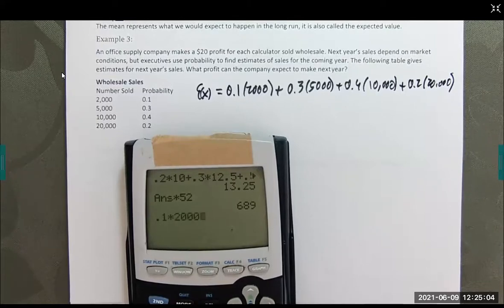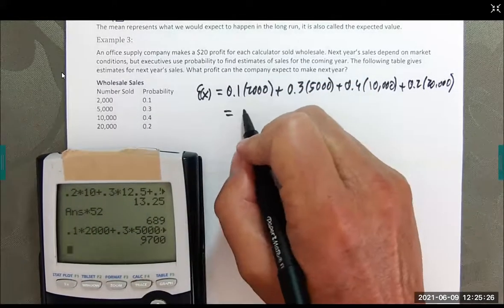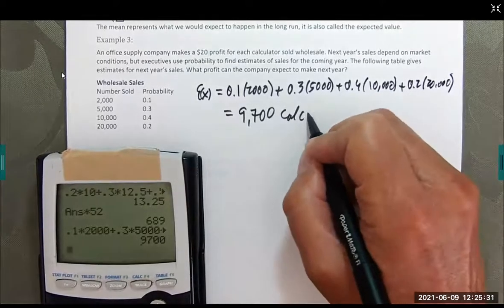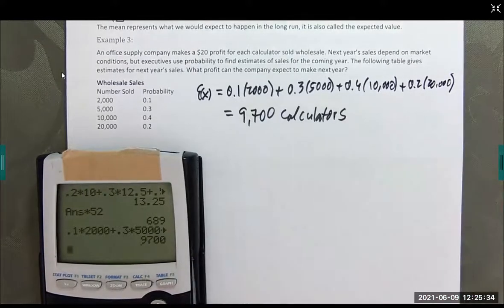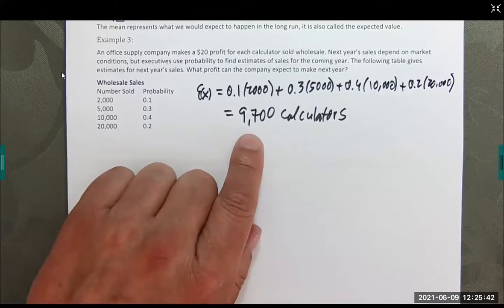And so we get 9,700 calculators. Meaning, if we want to do a projection, we can estimate that we're going to sell probably about 9,700 calculators.